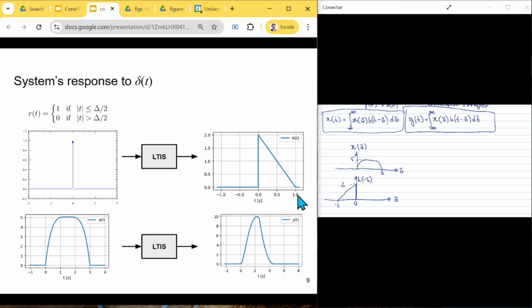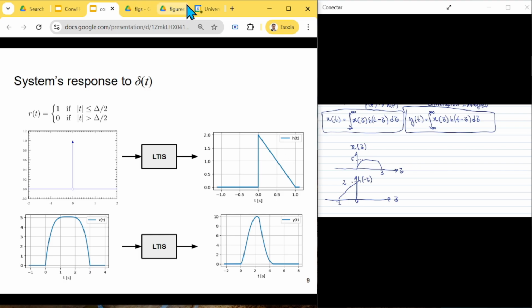This is h of minus tau. Then if I want to have, for instance, h of 1 minus tau, I have to shift this 1 to the right. Then it would no longer be minus 1 to 0, it would be 0 to 1. Then h of 2 minus tau, 3, and so on.